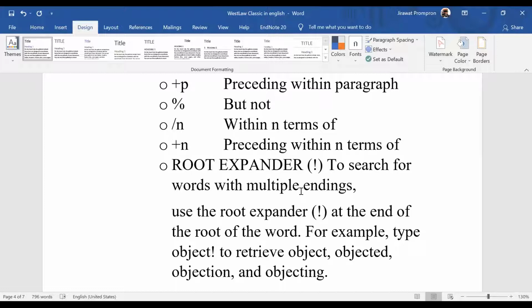Even the spelling: if you misspell, or just remember a part of the word, just a few characters, and the rest of the characters you don't remember, you just use this one to expand and spell for you. This one we call the loose expander.